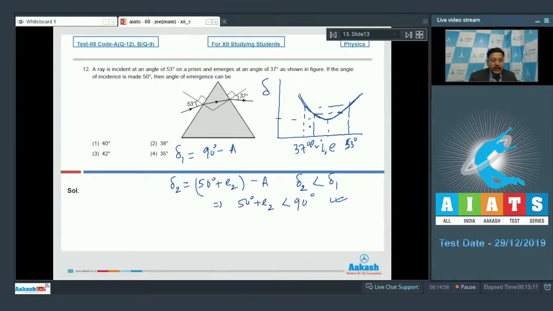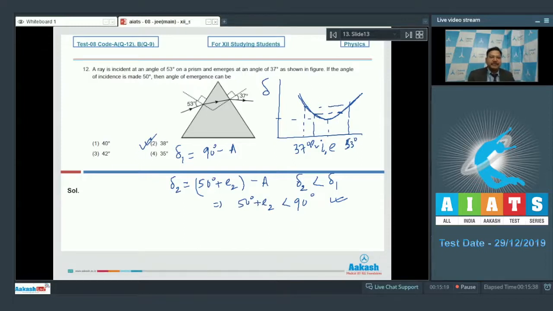Well, the only option that satisfies both the conditions is option 2, where angle E is taken as 38 degrees. Other angles will not satisfy both the conditions simultaneously. So option 2 is correct for question 12.